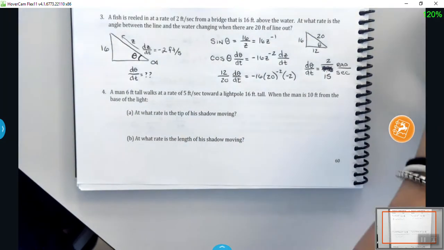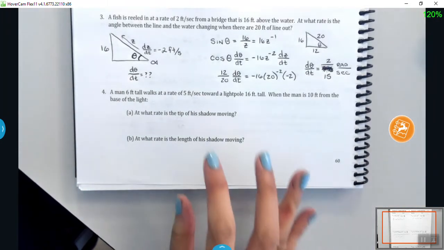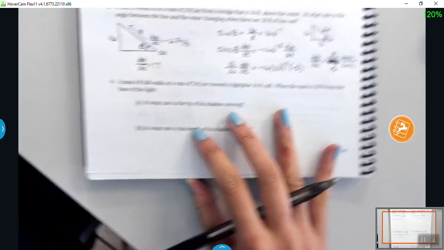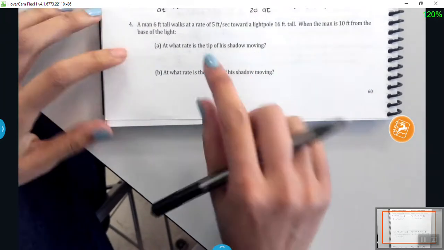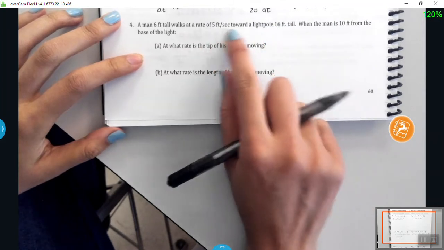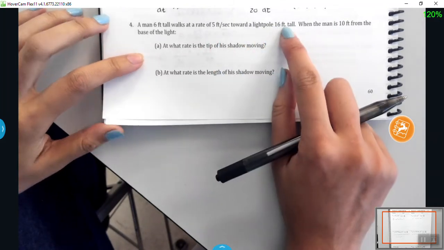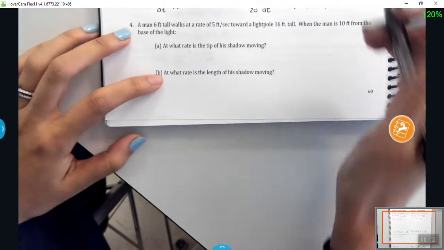Okay, let's do one last one together. A man 6 feet tall walks at a rate of 5 feet per second towards a light pole 16 feet tall.